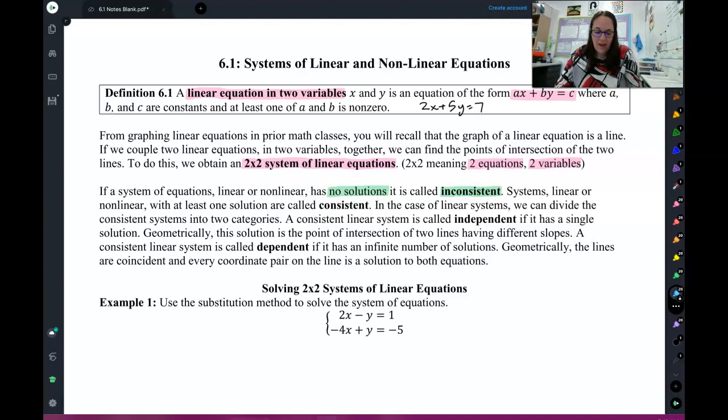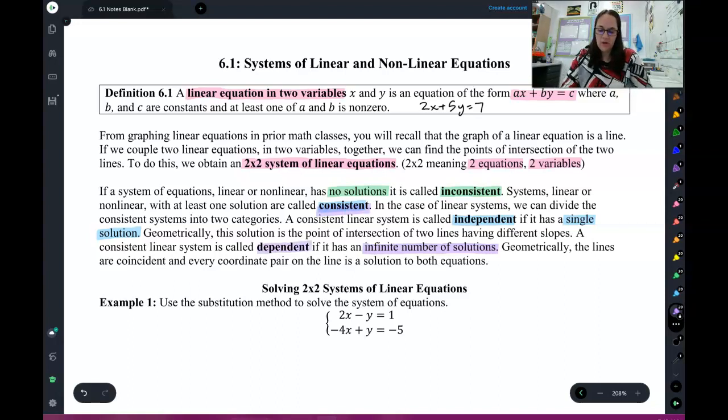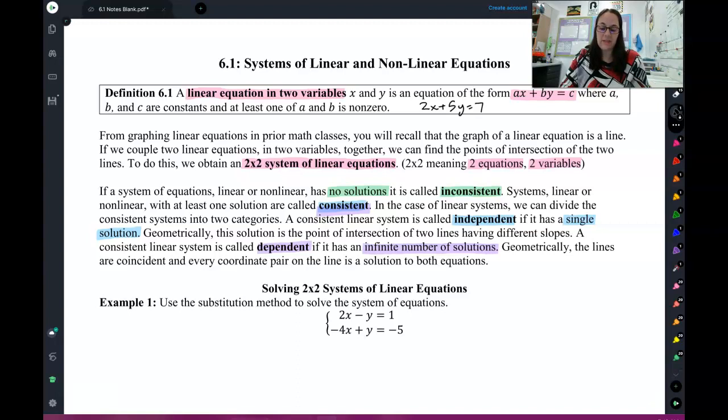If it has a single solution, so one answer, we call that consistent independent. If it has an infinite number of solutions, which we'll see an example of today, we call that consistent dependent. So those are the three vocab words that we're going to be labeling today as we go. If there's no solution, we say it's inconsistent. If there's a single solution, we say it's consistent independent. And if there's infinitely many solutions, we call that consistent dependent.